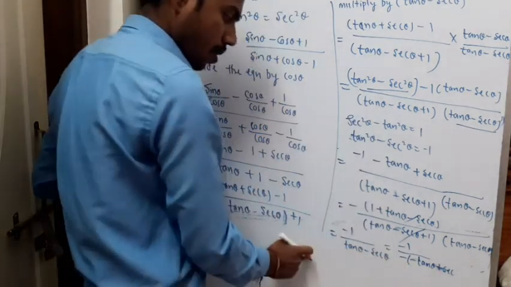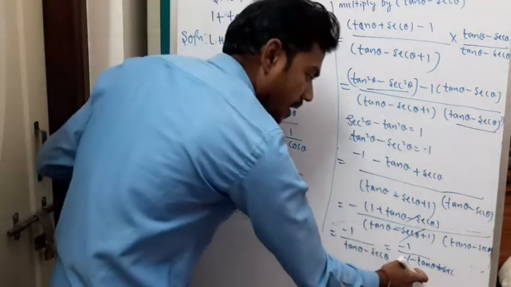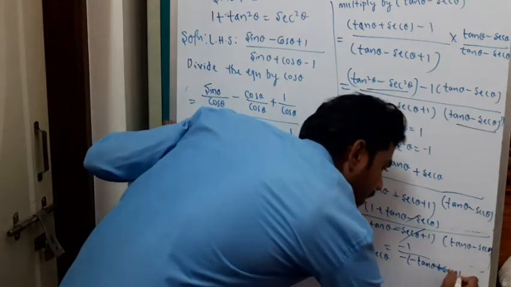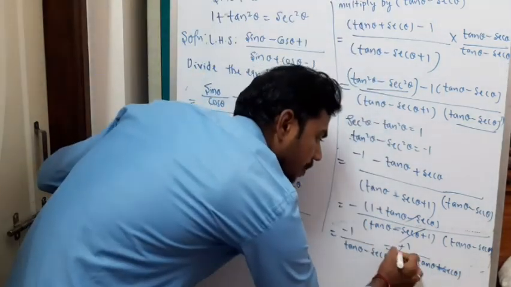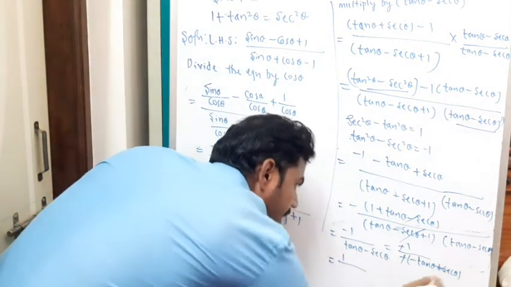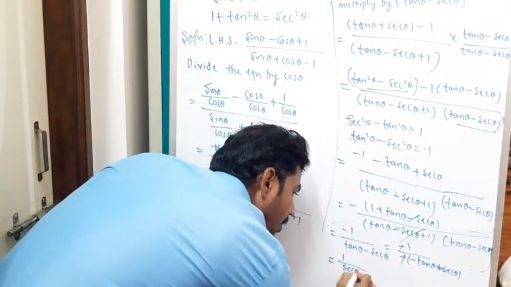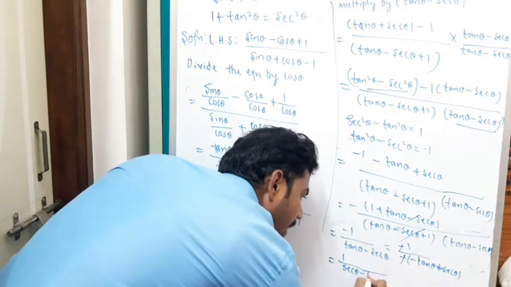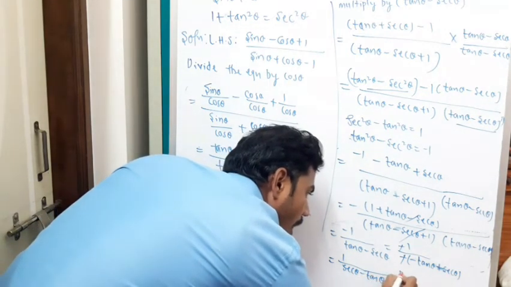If I take minus out, it becomes minus tan theta plus secant theta. This minus gets cancelled. So what we are left with is 1 divided by secant theta minus tan theta, which is equal to RHS.